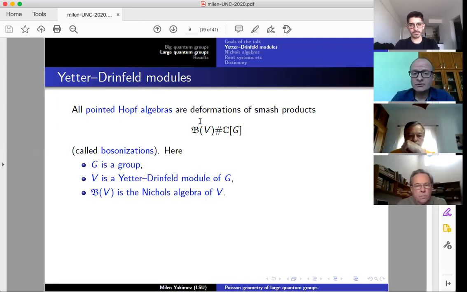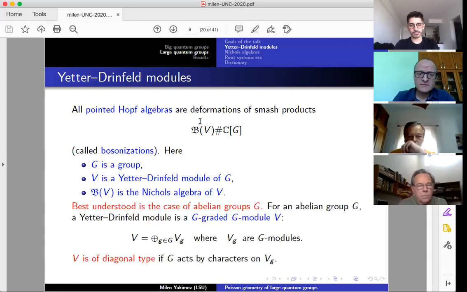I want to say a few things about this object because they're super easy. First of all, the best understood case up to date is the case of an abelian group G. And for an abelian group G, a Yetter-Drinfeld module is something very easy. It's a G-graded G-module.